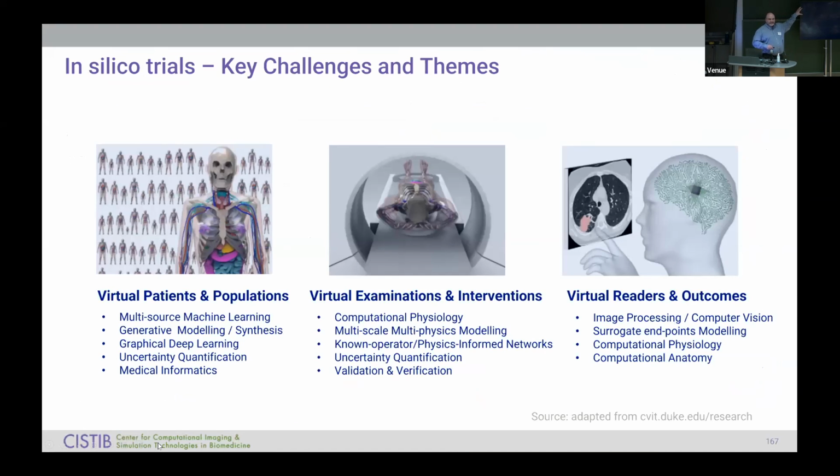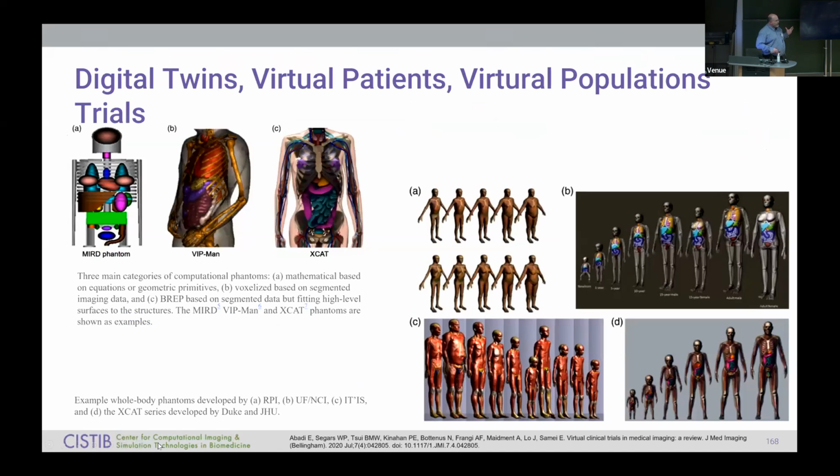So the three things that we said before, virtual populations, and now I put below a lot of topics which are related to us that link our work with some of those. We need to develop these virtual populations. A virtual patient doesn't mean the whole body. As I showed you before, it's just the aneurysm in this case. But for some applications like imaging, you might want a torso model.